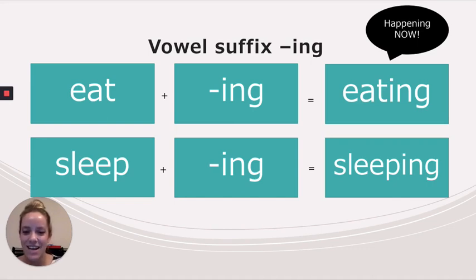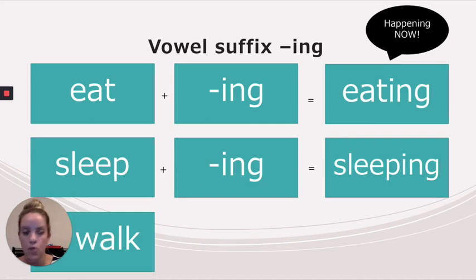Okay, final one. I'm going to let you think of one for a moment. There's also a ton of these. Think of one, write it down. You can do your base word, your suffix, and then your derivative. Think of each part and put them together. So the one that I thought about and wrote earlier, walk.